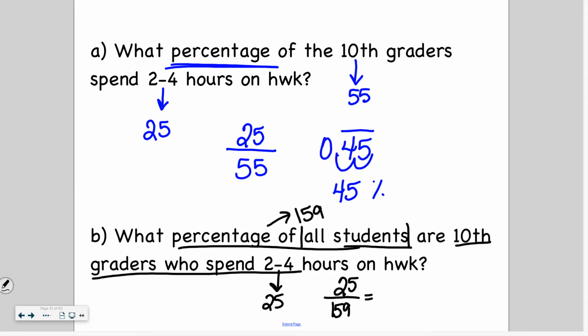Again, put that in the calculator. You get 0.15. We want a percentage, so it is 15%. Okay? So you are just taking and dividing the part that it asks you about by the whole that it's asking about.